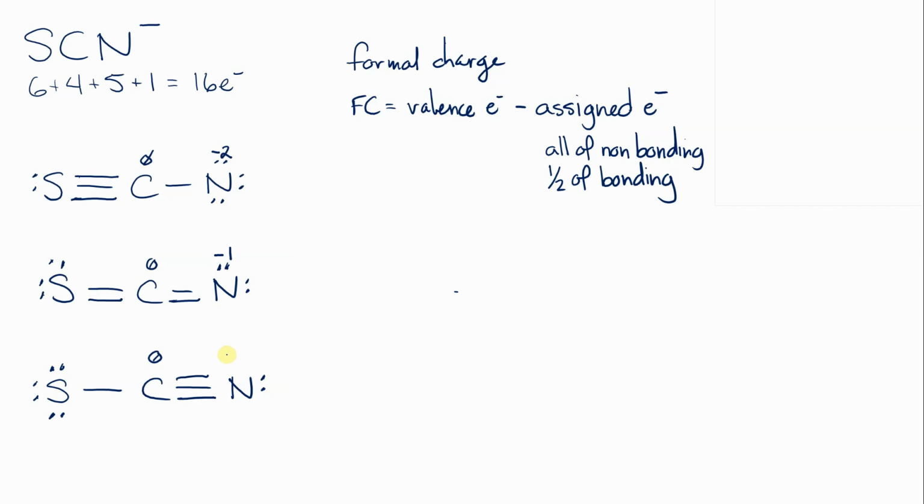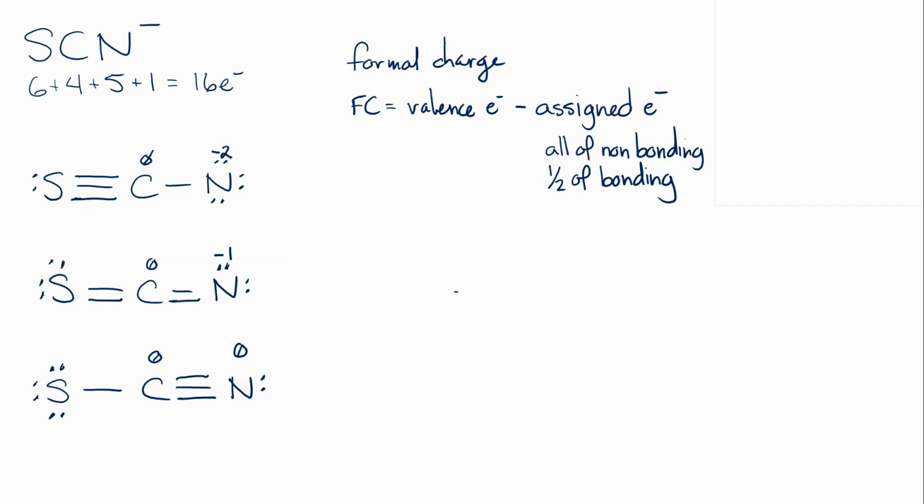In the bottom structure, 5 valence electrons, it has 2, 4, 6 bonding electrons shared with it. Half of that is 3, and we add that to the 2 non-bonding electrons is 5, or 0. So in this case, nitrogen has a formal charge of 0.